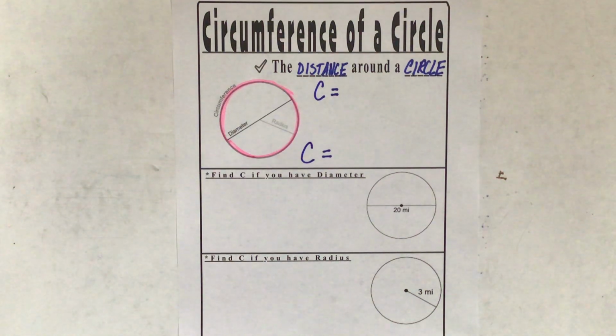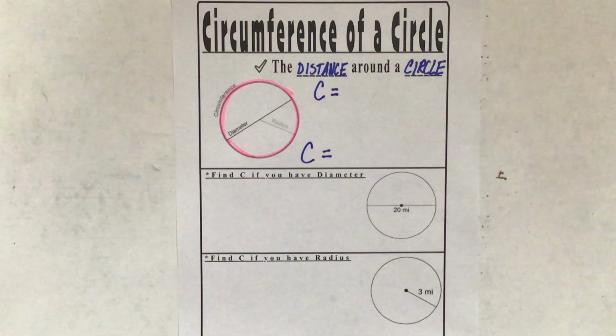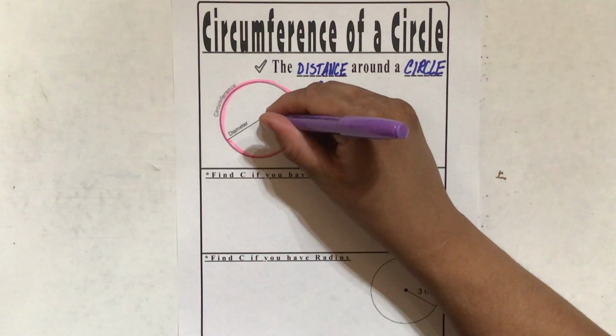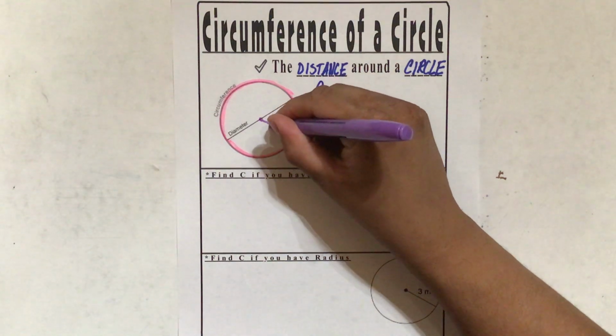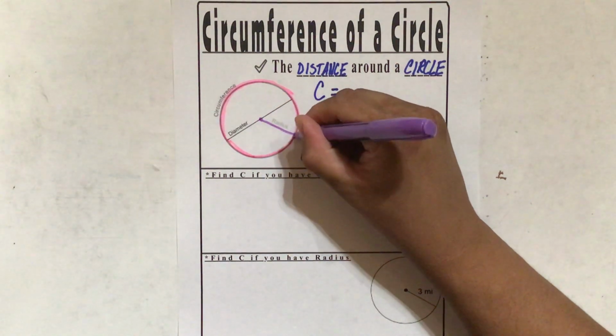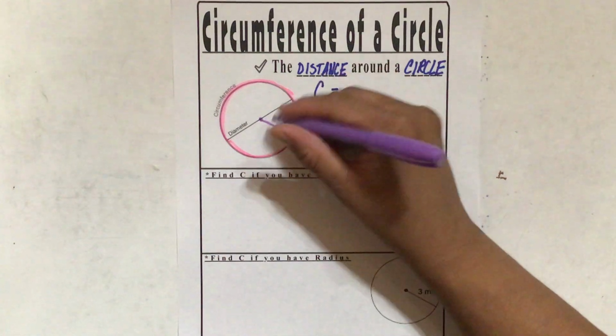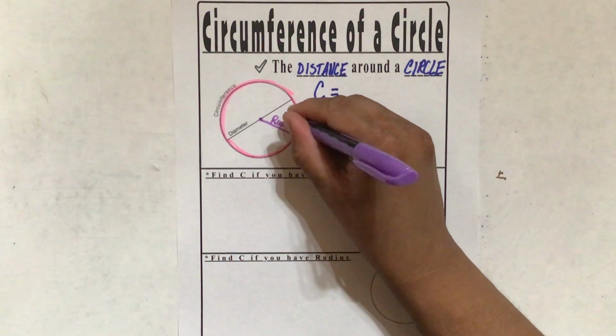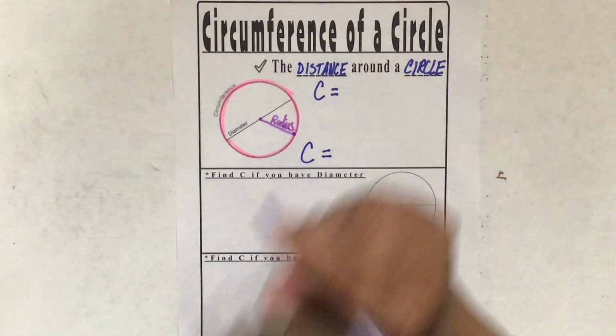So one thing that you guys should look familiar is the radius here. You see the distance between the center and the side of this circle here. The distance between the center and the side is called the radius, right?